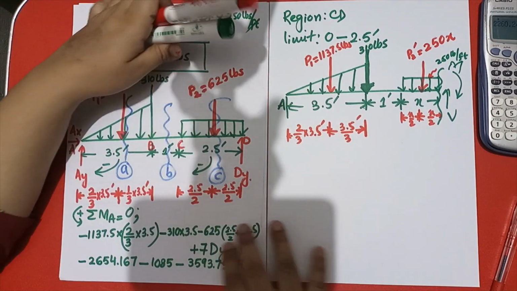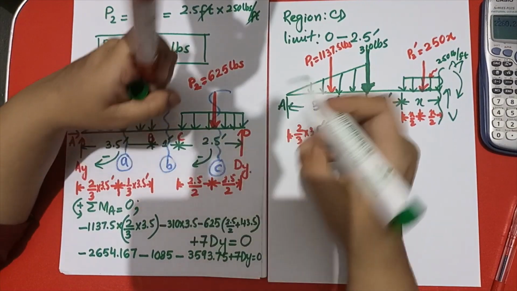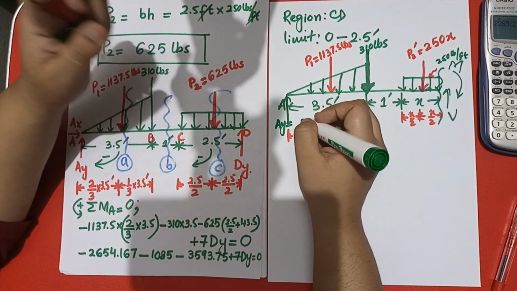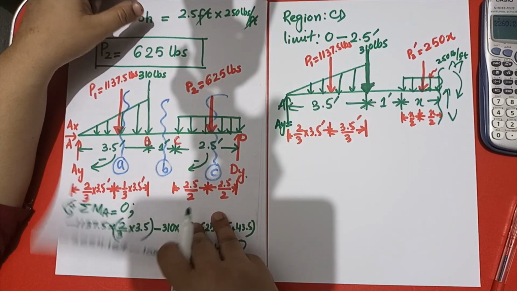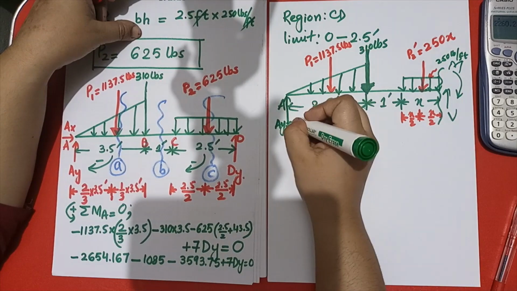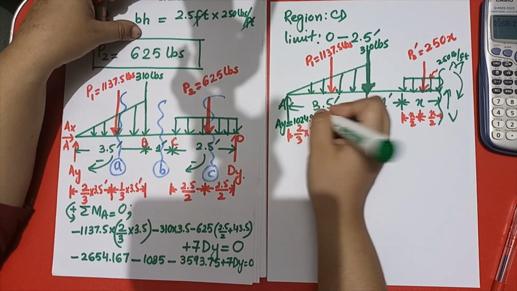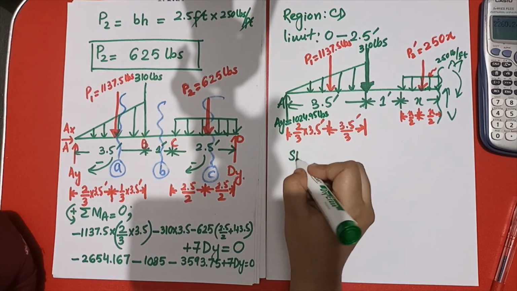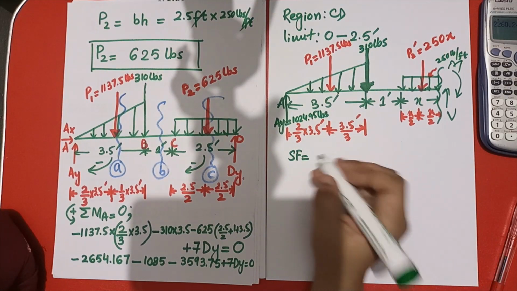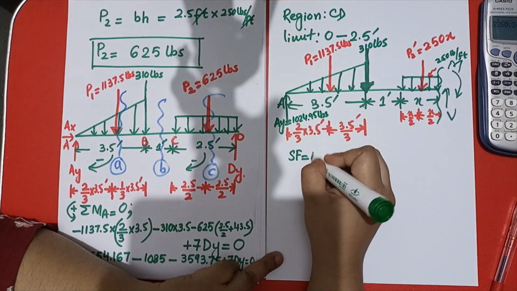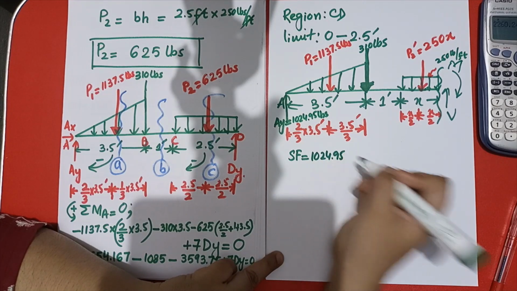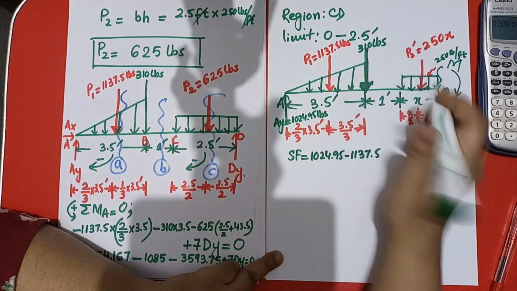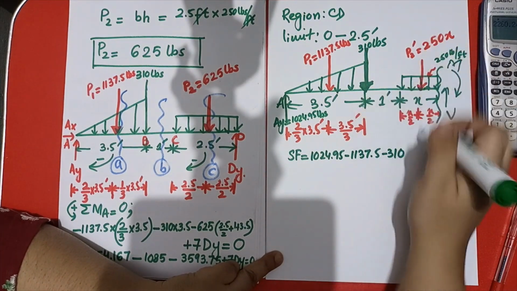Okay, now what we have to do, one more thing I have left over here. This is AY and the value of AY is what? So let me check it out. 1024.95 pounds. So we are going to make the shear force equation here. So the shear force equation for the region CD will be, this is upward force, so 1024.95 minus 1137.5 minus 310 and minus 250x.